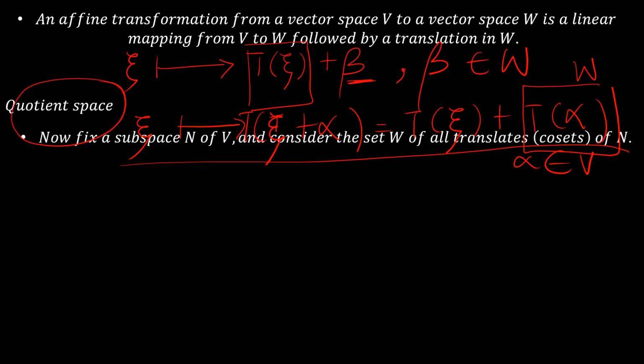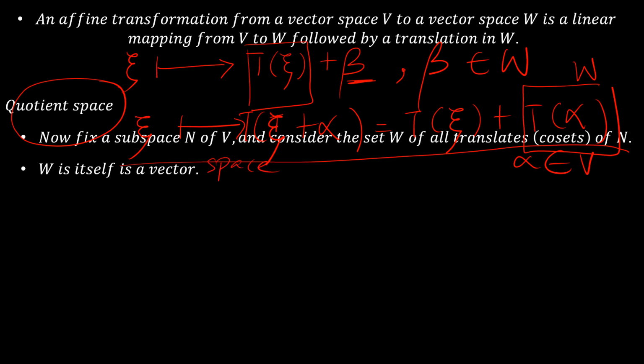For example, suppose that we have a subspace n and we fix it, and n belongs to the vector space V. Then let's consider the set W of all translates, cosets of n. So what happens is that W is itself now a vector space, right?